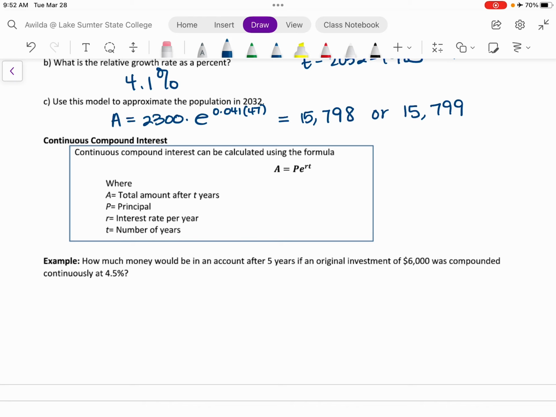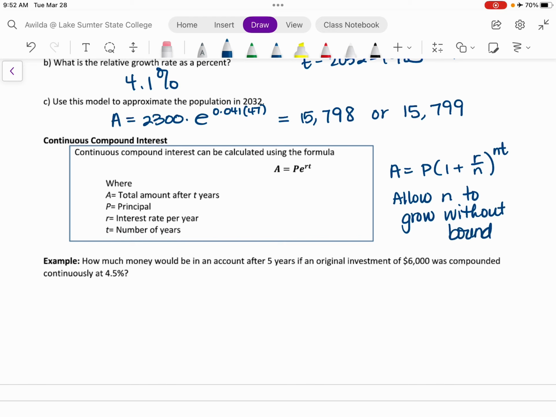And as n increases, so let me write that original equation here from above. So if we take this formula and allow n to grow without bound, then we get this formula, where A is equal to P times E to the RT power.